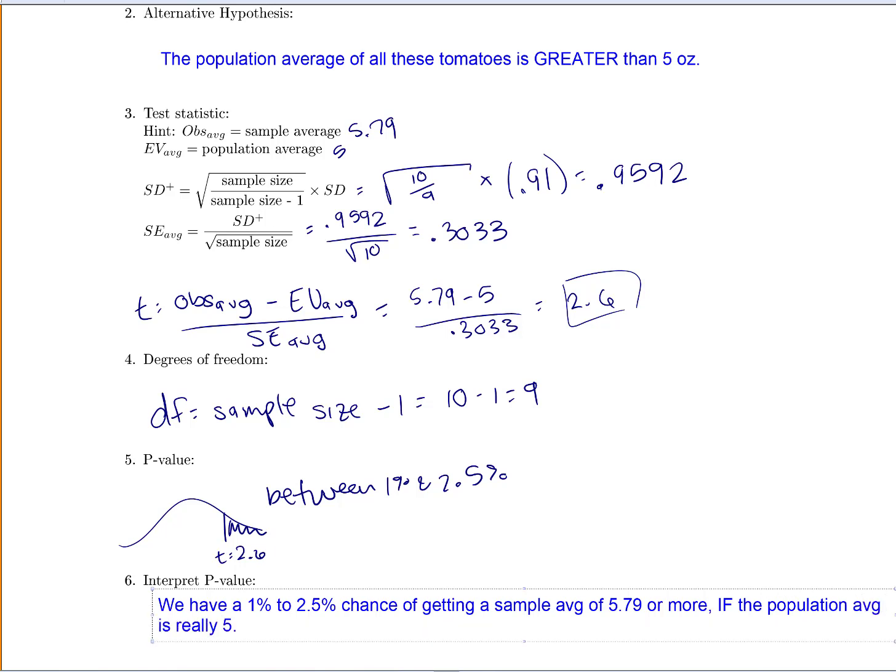So whether you just say our sample average and leave it more generic, or you say a sample average of 5.79, and then you can either say if the null is true, or if the population average is really 5. On the exam, you might see either way, but it's all multiple choice, so you need to be able to pick out the right one.